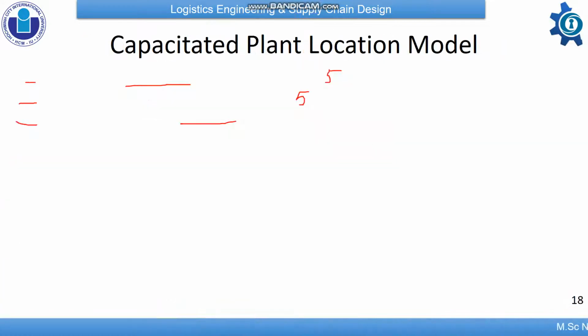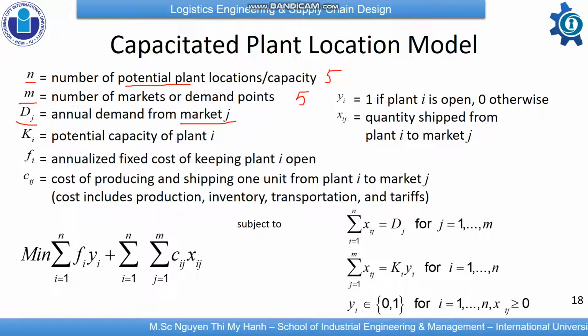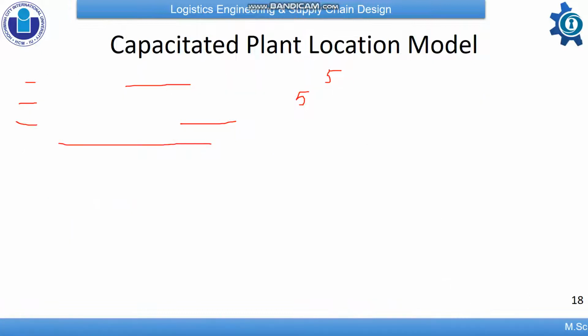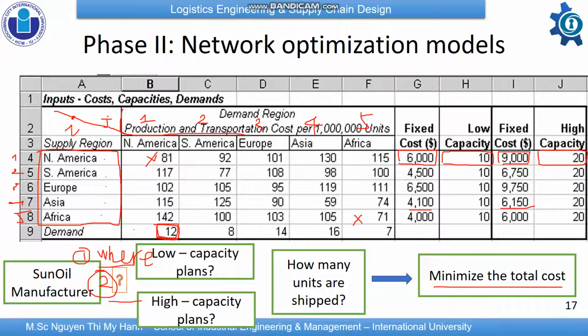Okay, so we have Dj is the annual demand from market j. Ki is the potential capacity of plant i. So I say K1 in this case will equal the capacity of the plant in North America. So it can be 6,000.